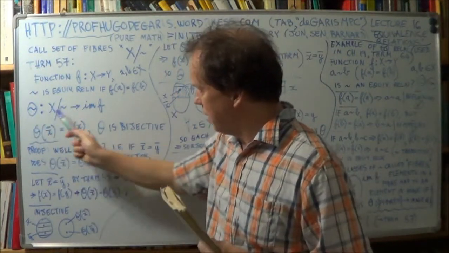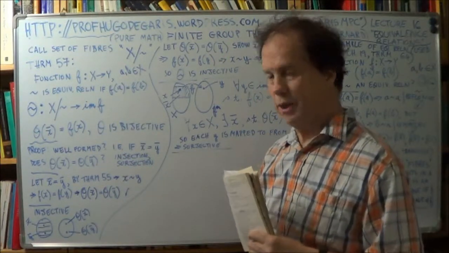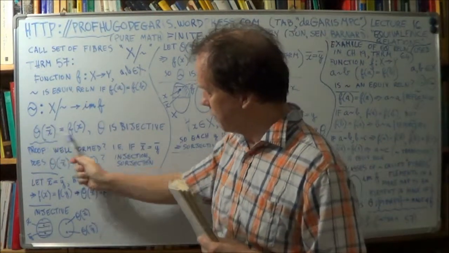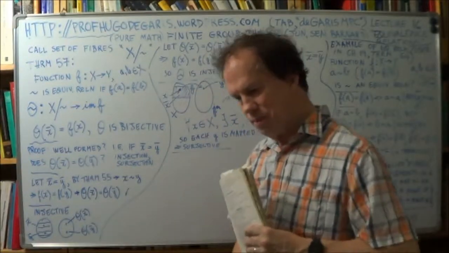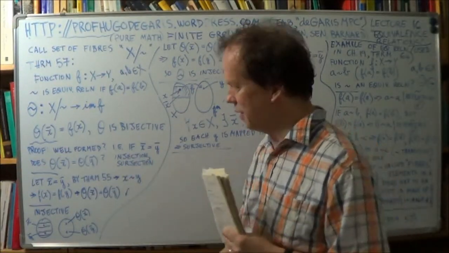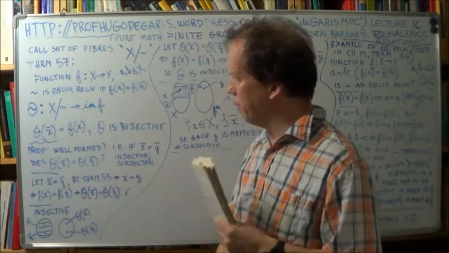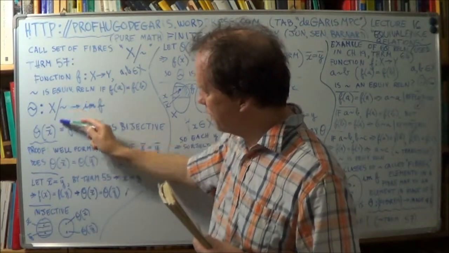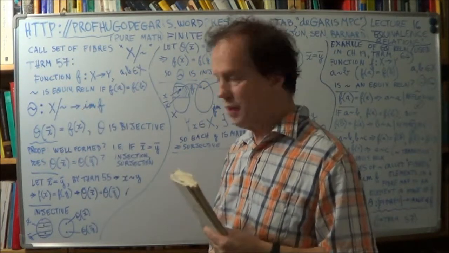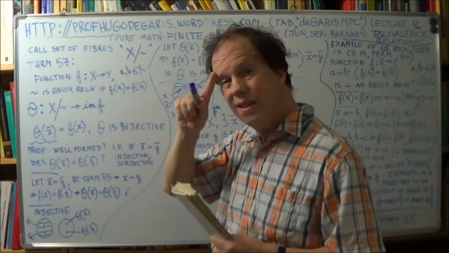Now that's thinking in terms of mapping set to set. How about mapping element to element? Because that's the critical part of your proposed proof: choosing an appropriate mapping. Well, what are the members of this? They're equivalence classes, of this form, right? X bar.